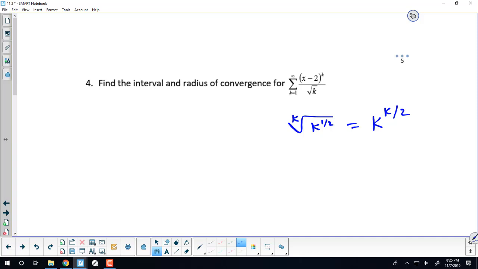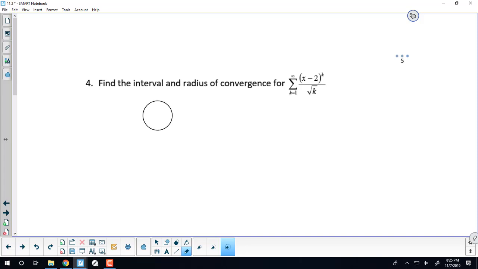I mean, we could certainly try. No, please. Either test is going to have the same conclusion, so it doesn't really matter. It's just which one's going to be a little easier to work with. So let's say the ratio test is a bit easier to use. If that were k to the k on the bottom, then yeah, the root test would be optimal.